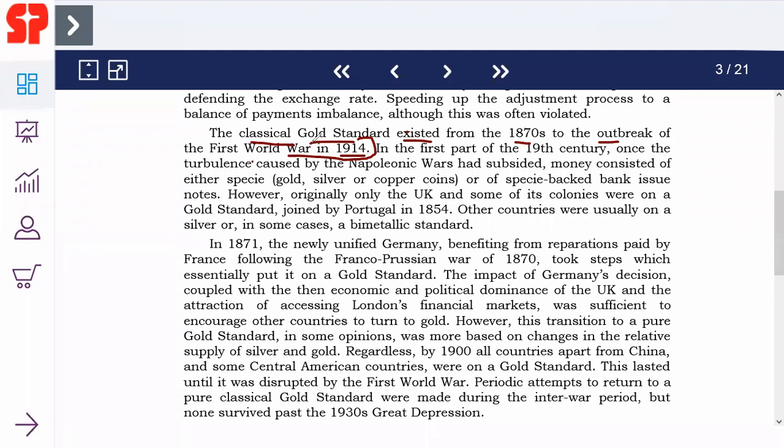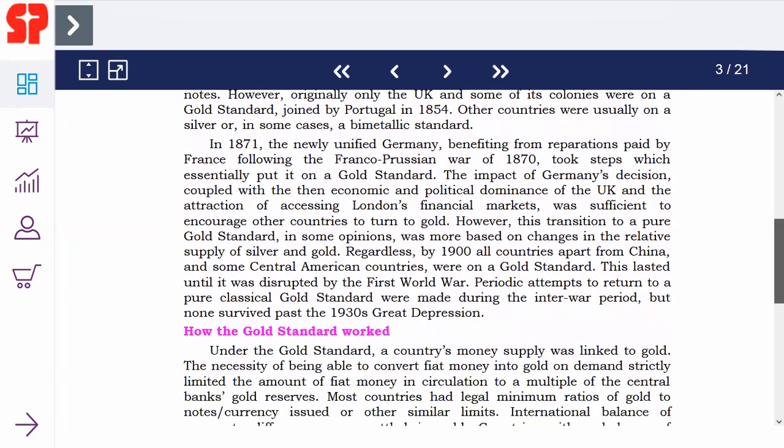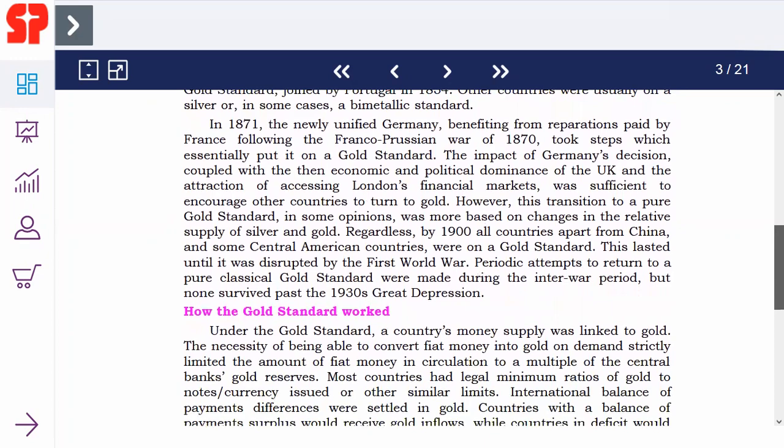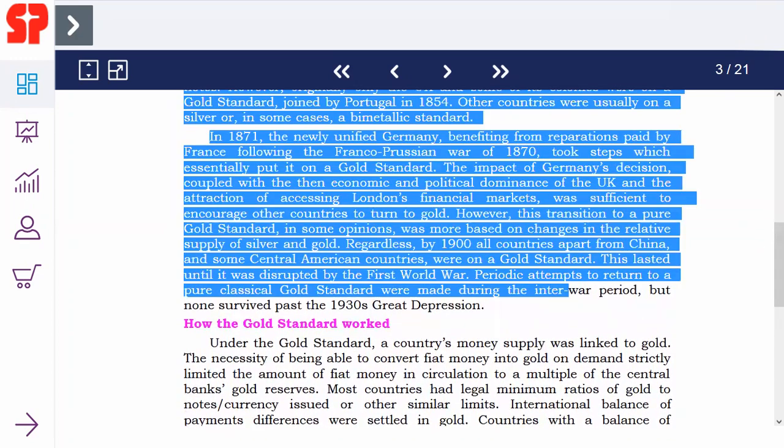From 1870 to 1914 was the gold standard followed between the countries. So now the gold standard is not prevalent in any country. These are all history part.